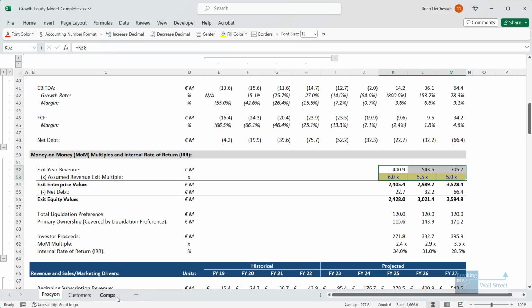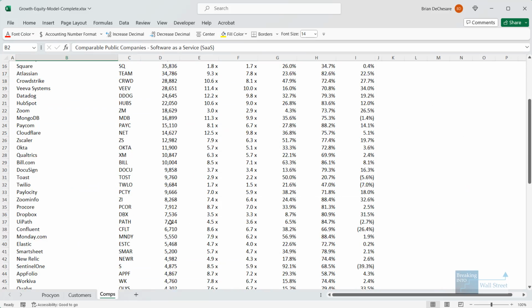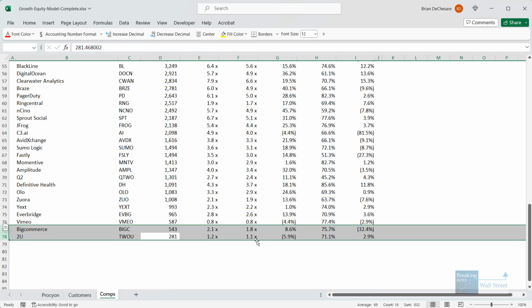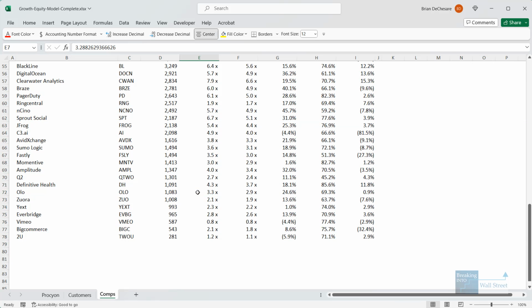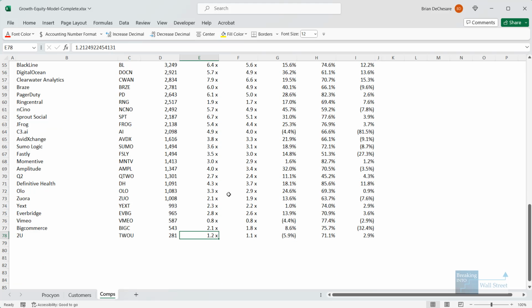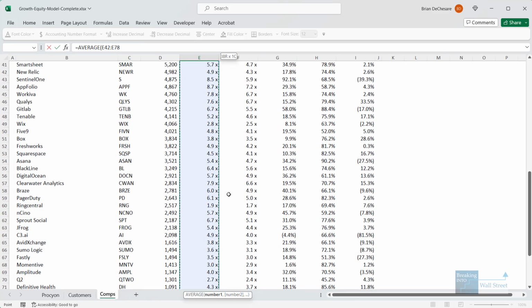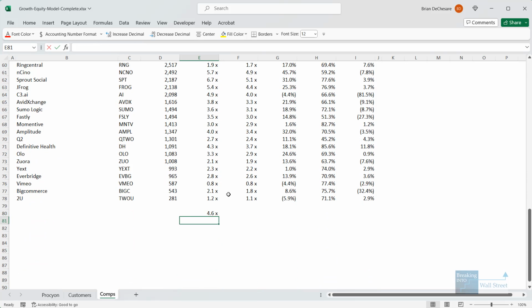Now, if you look at the public comps that were provided here, and you just do a sort, and you look at some of these smaller companies market cap-wise near the end, let's just do an average or look at the median revenue or something like that. Let's go up to about 5 billion market cap here. The median or the average revenue multiple is about 4.6x.